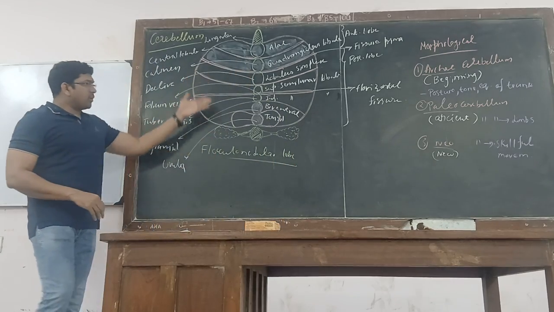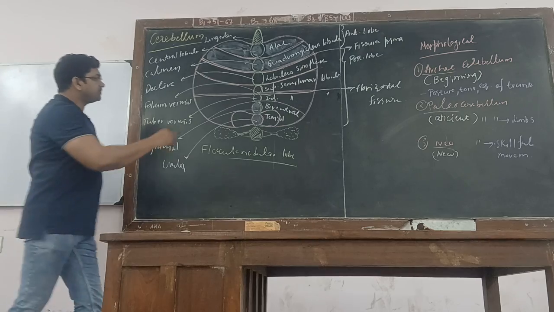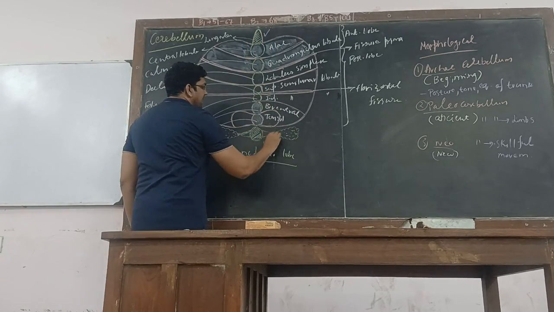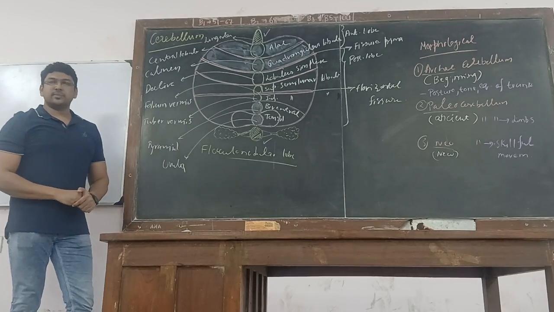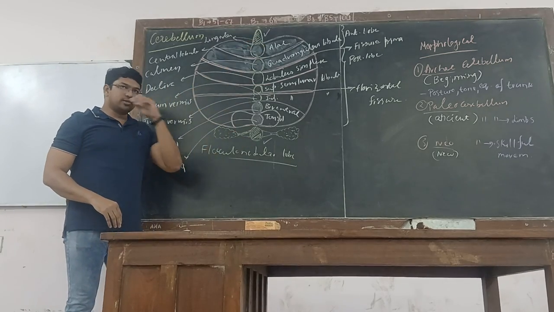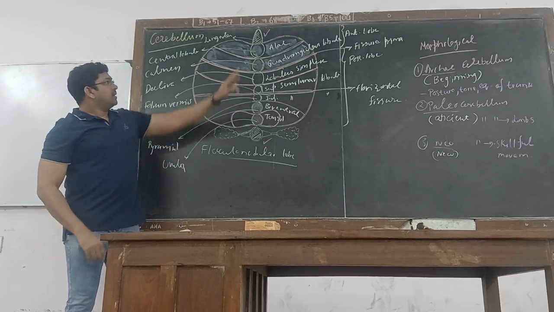So which structures belong to the different parts of the cerebellum? First of all, easy to remember, archicerebellum is the beginning and the ending. Nothing but the lingula and the flocculonodular lobe belong to the archicerebellum. Getting it? Beginning and the ending.